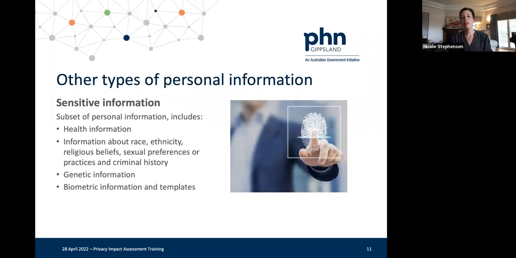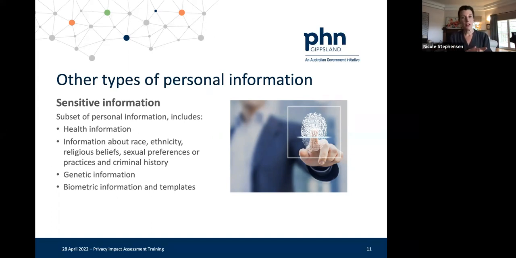One subset of personal information is something called sensitive information. Sensitive information includes the kinds of things you would expect if you think about what's sensitive to you as an individual. Chances are the law has prescribed a degree of sensitivity to that information as well.